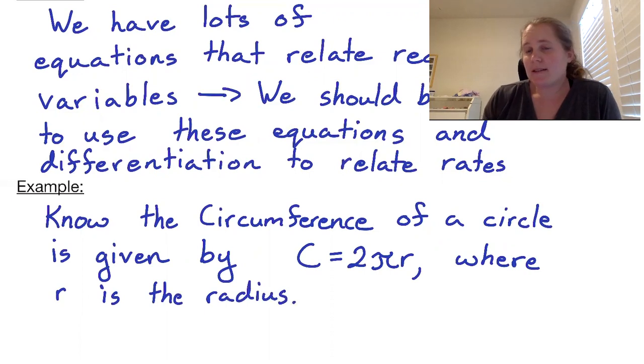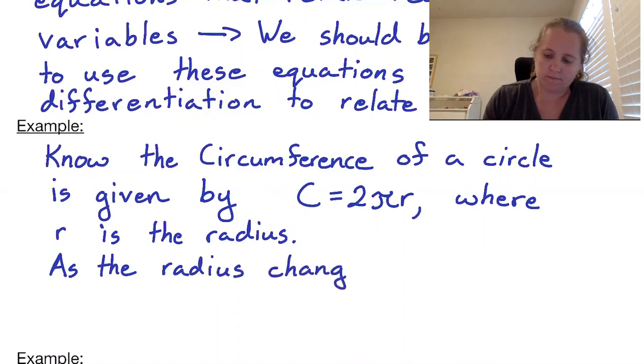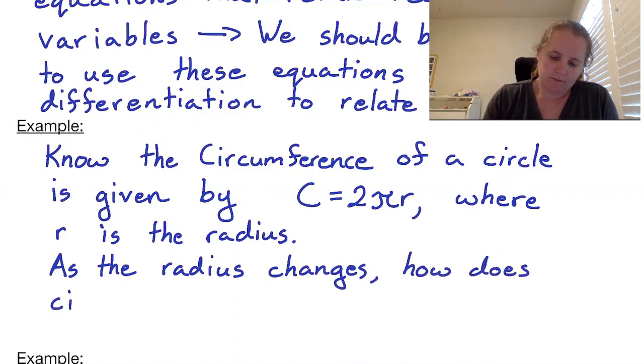So we might ask, as r changes, how does C change, right? So as the radius changes, how does circumference change?